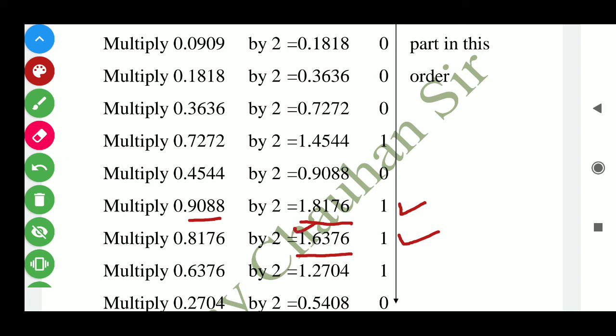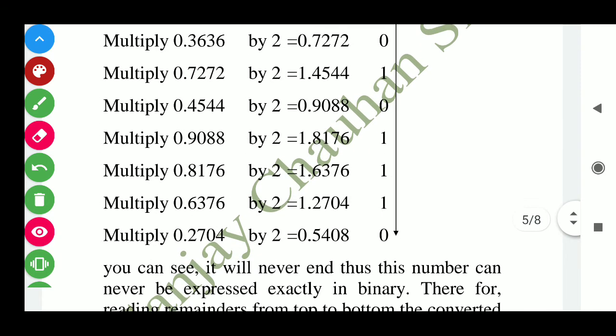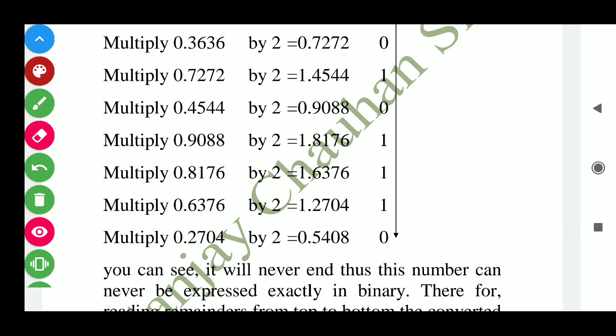Multiply 6376 by 2, the answer is 1.2704, so the integer part is 1, right here 1. Then multiply 2704 by 2, your answer is 0.5408, and the integer part is 0.